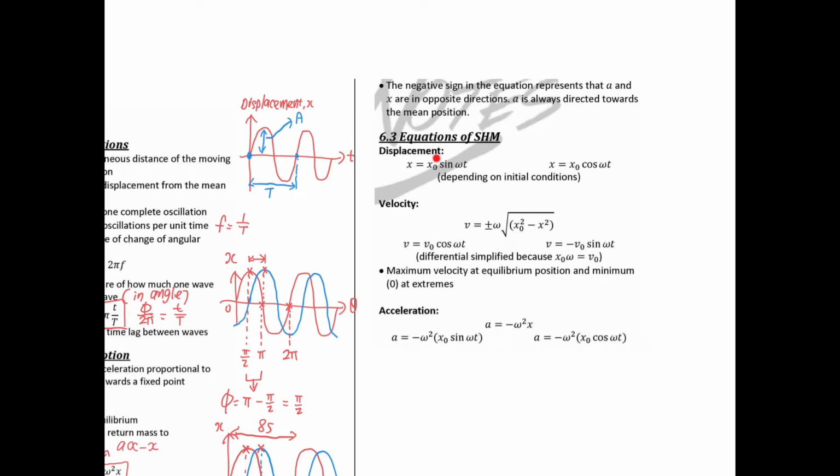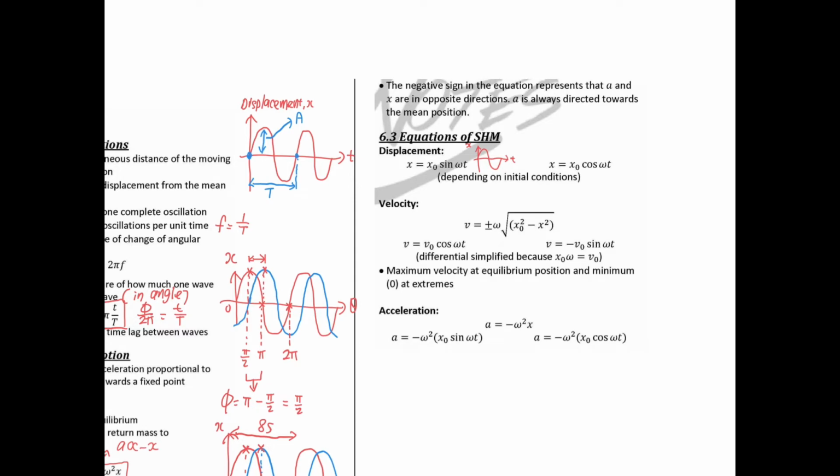Okay, so of course it is, I draw the small one here for comparison. So if this is the equation, the graph is a sine graph. So this is t, this is x. If it is a sine graph, that means the initial condition is they start from the origin.